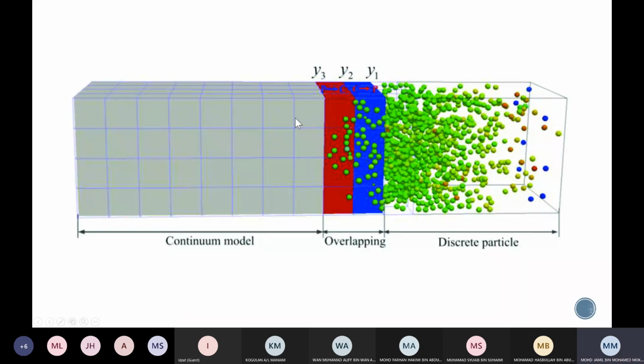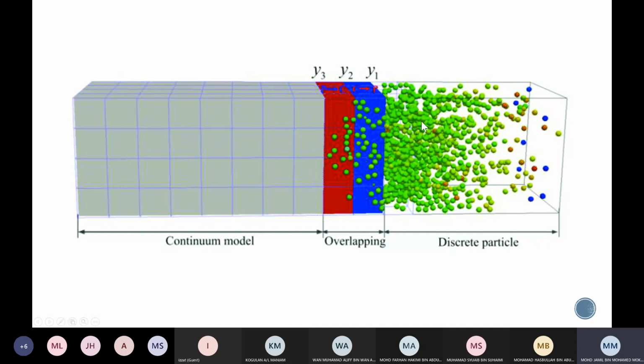So these are two different modeling approaches. Their mathematical model is different, okay? Their procedure and numerical method are different. And sometimes researchers try to overlap these two different modeling approaches.